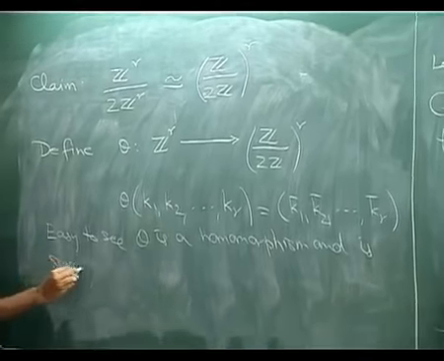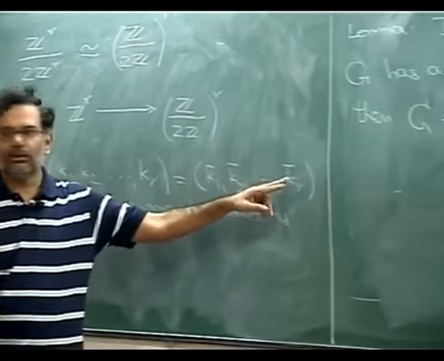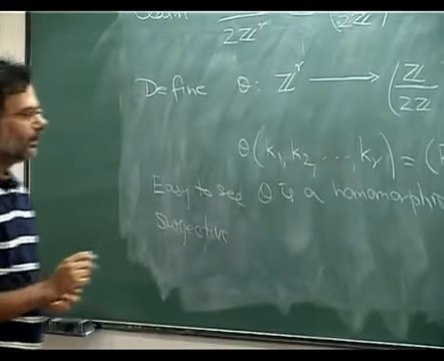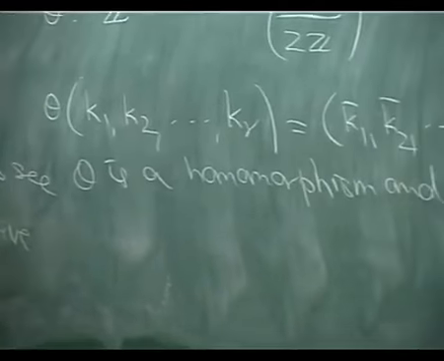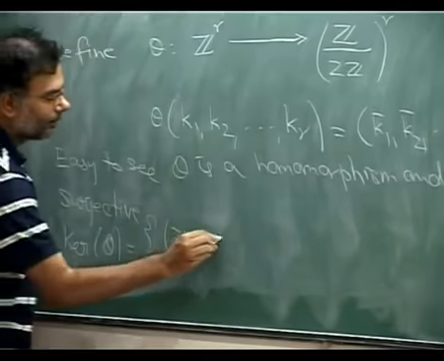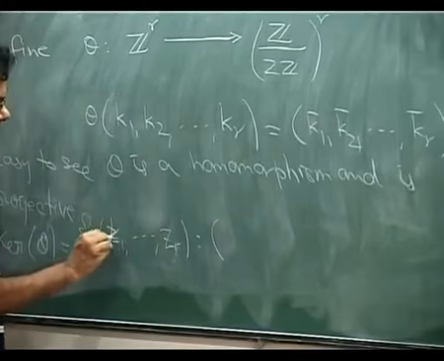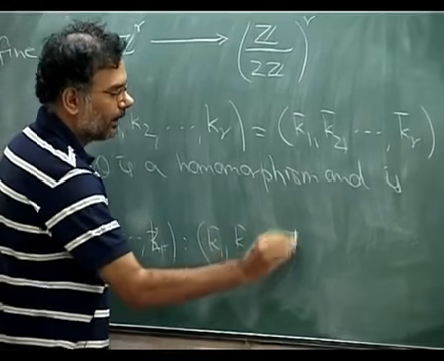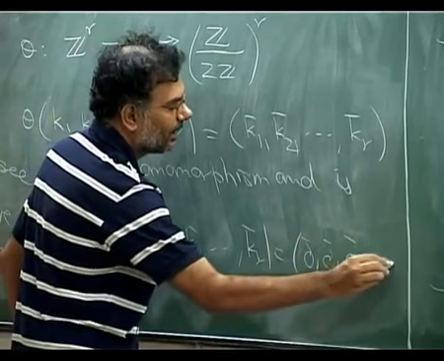If I take any ones and zeros here, I can take that same pattern of ones and zeros here, and obviously it goes there, right? So theta is a surjective homomorphism. And what is the kernel? The kernel of theta consists of all k1 up to kr such that k1 bar, k2 bar, kr bar equals 0, 0, 0, 0. That's the identity element.